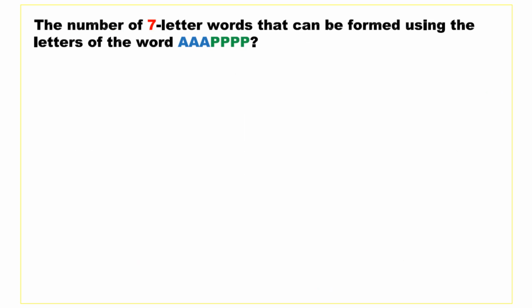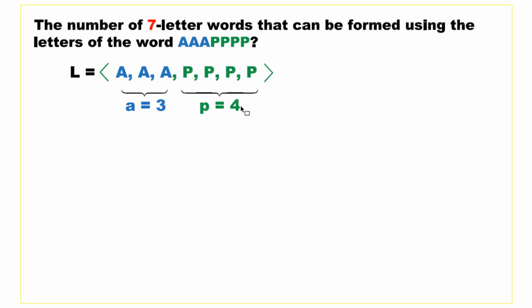To know the number of 7-letter ordered words that can be formed using the letters of the word with 3 A's and 4 B's, we write these letters into a list, and we find the number of identical letters. We have A equal to 3 and B equal to 4, and the total number of these letters is 7.